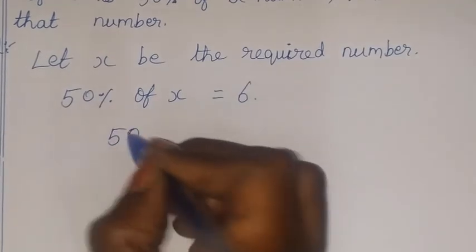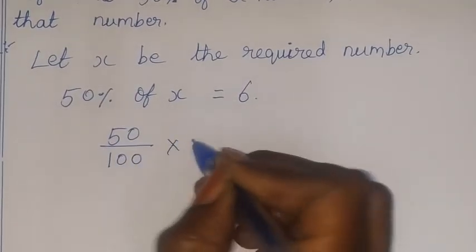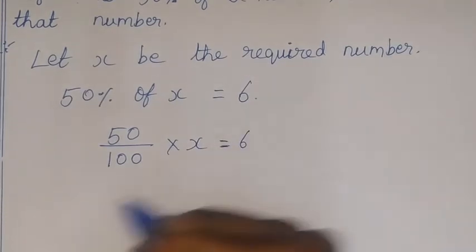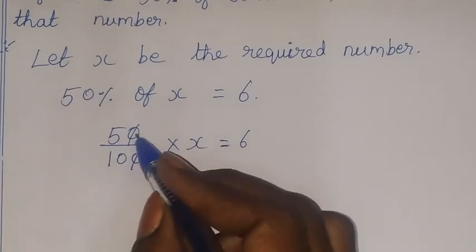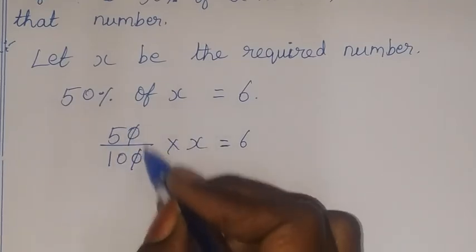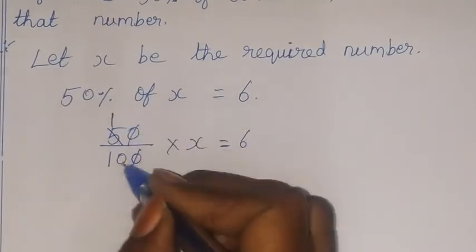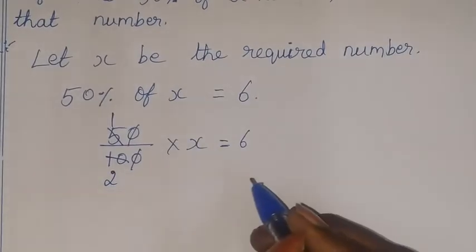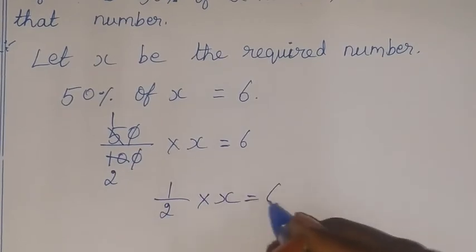So first to write this percentage as a fraction, we have to divide it by 100. So 50 by 100 into x is equal to 6. Now we can simplify 0 and 0 as it is at the end of that number. We can strike it out. Now 5 and 10 we can simplify in the 5 table. 5 ones are 5, 5 2s are 10. Now we got 1 by 2 into x is equal to 6.